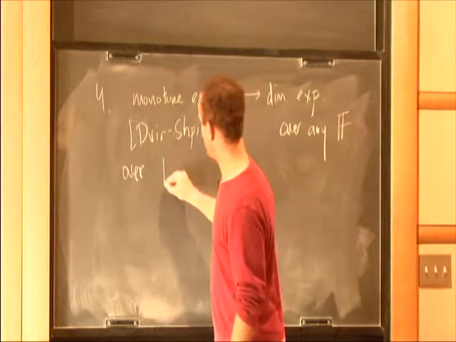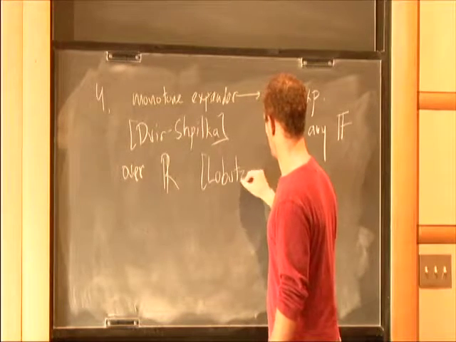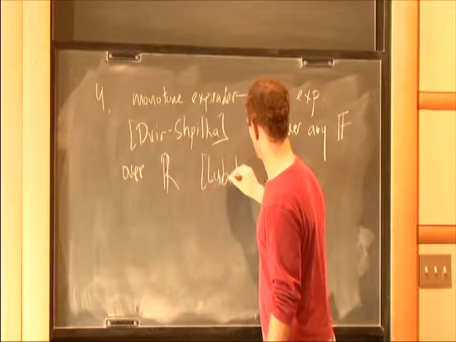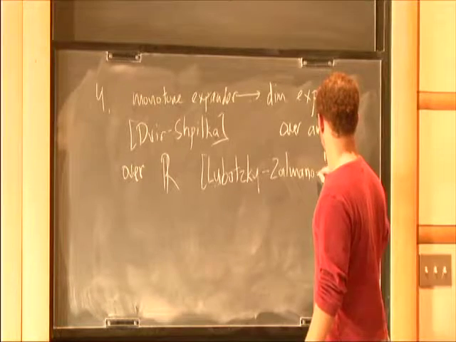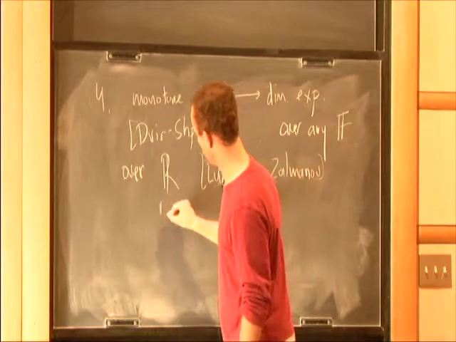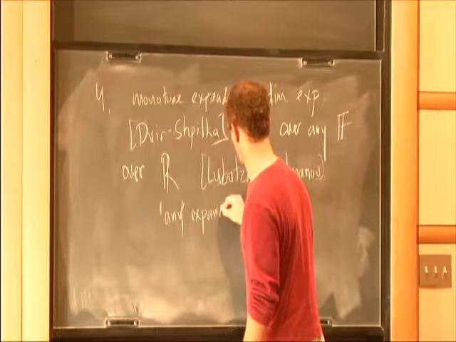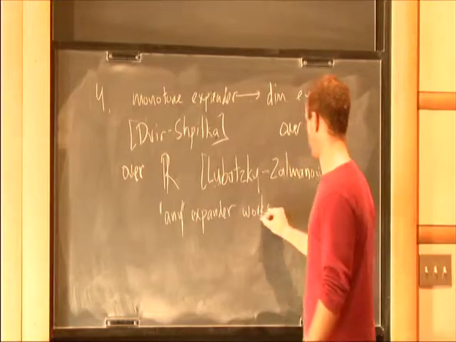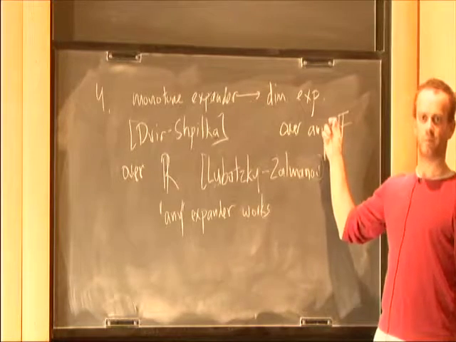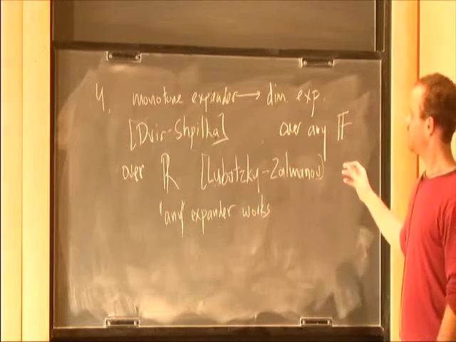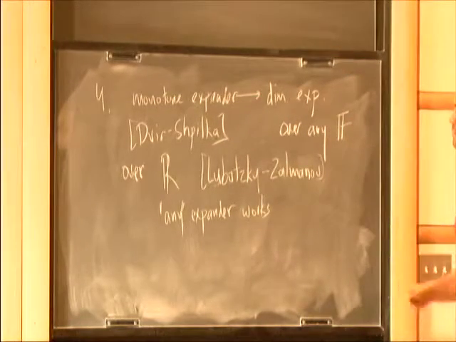And if we're talking about it over the real numbers, Lubotzky and Zelmanov proved that any expander works in this. Over the real numbers, every expander yields a dimension expander. Over finite fields or any fields, we just know that monotone expanders yield dimension expanders.